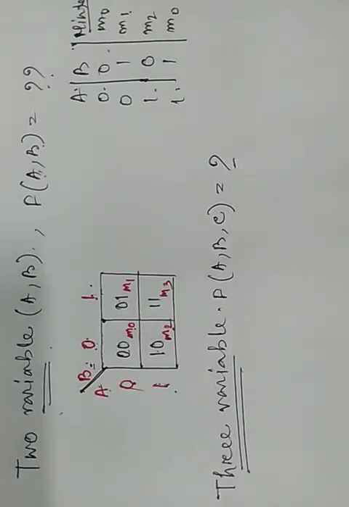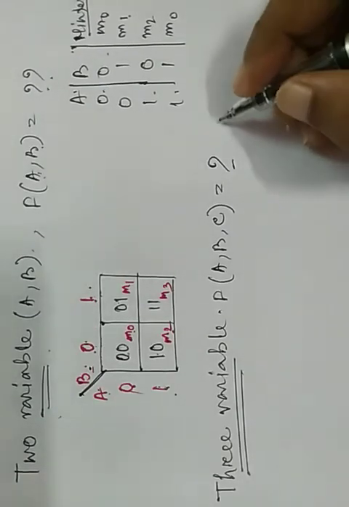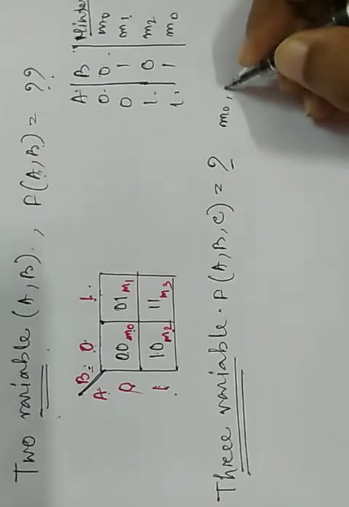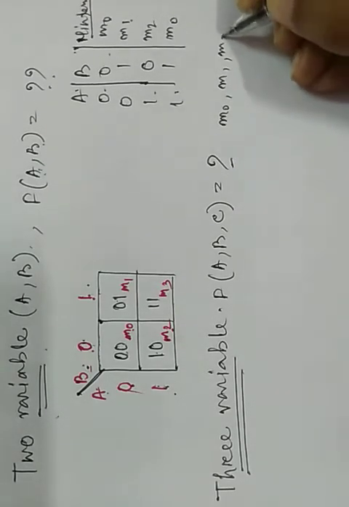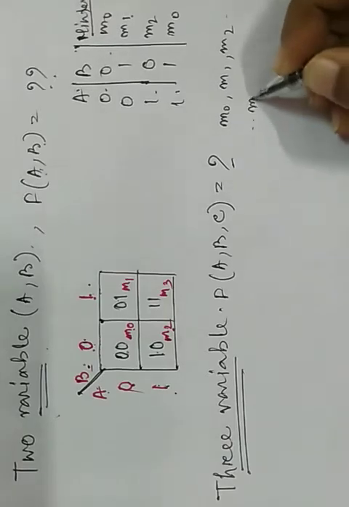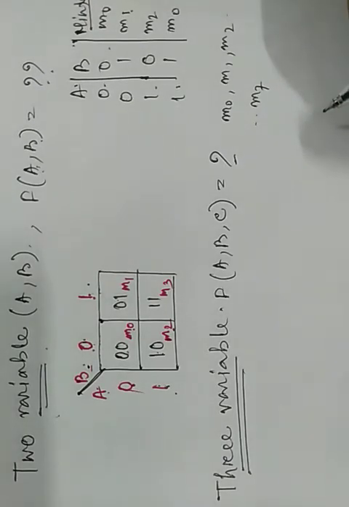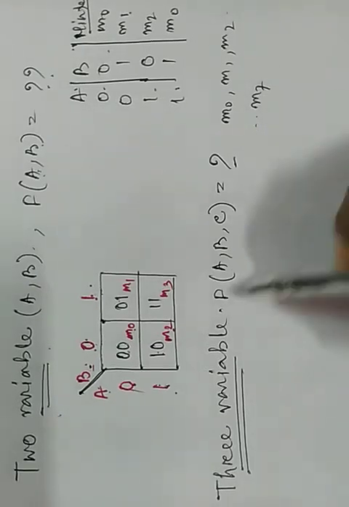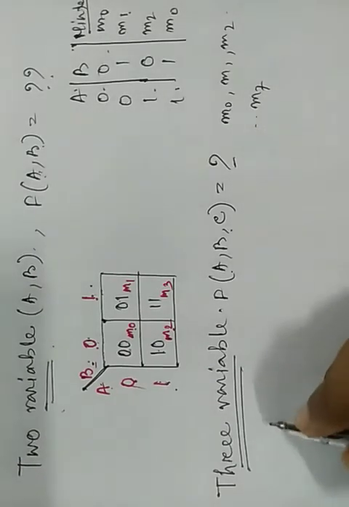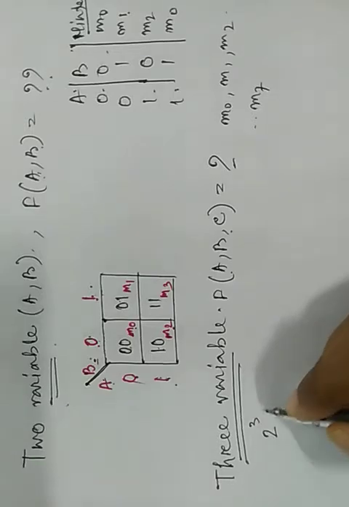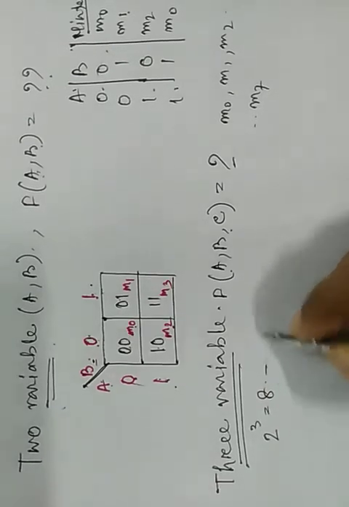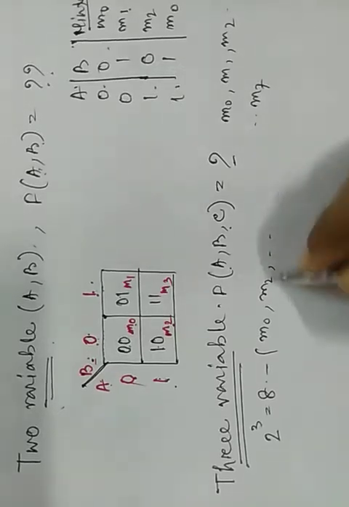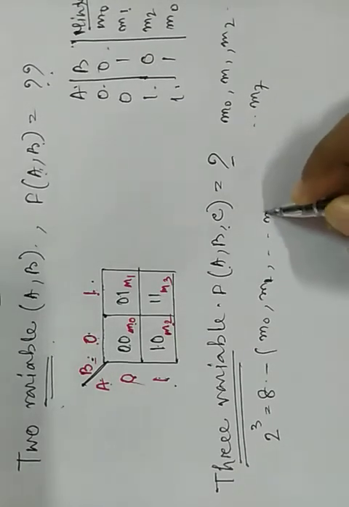For 3 variables, we know that our minterms should be M0, M1, M2, like this way up to M7, and you can compare it with the truth table. For 3 variables, we know 2 to the power 3 equals 8 combinations. That's why our minterm values are M0, M1 up to M7.